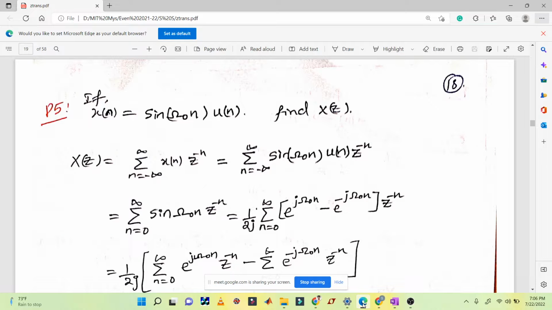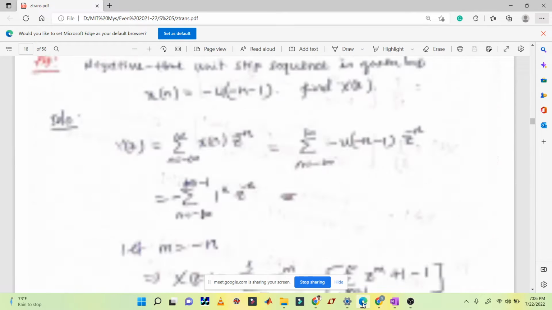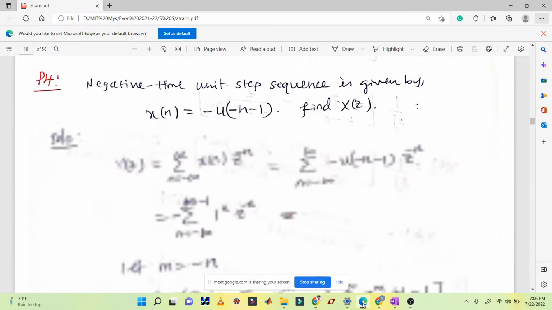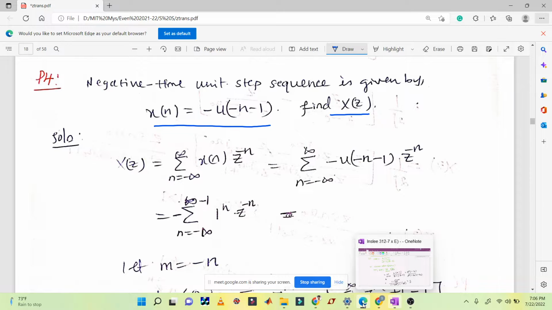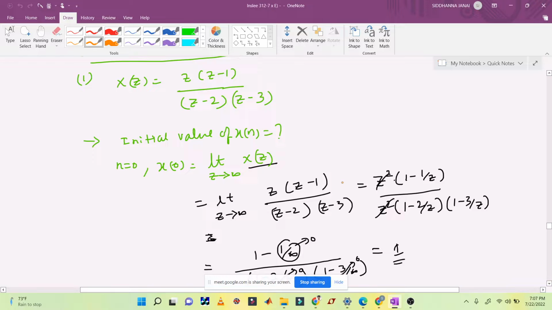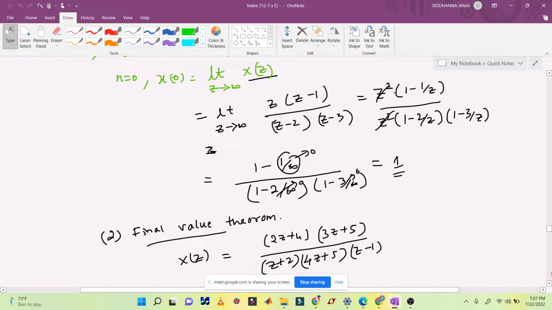So here, this is the negative time unit step sequence, given by x of n is equal to minus u of minus n minus 1. So for this we need to find out the x of z. Okay, so let us go with the notepad now.